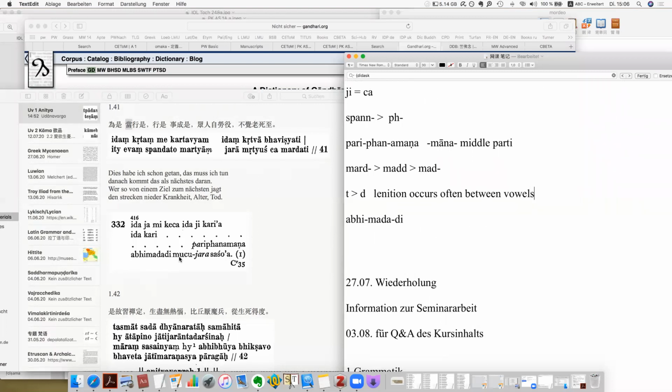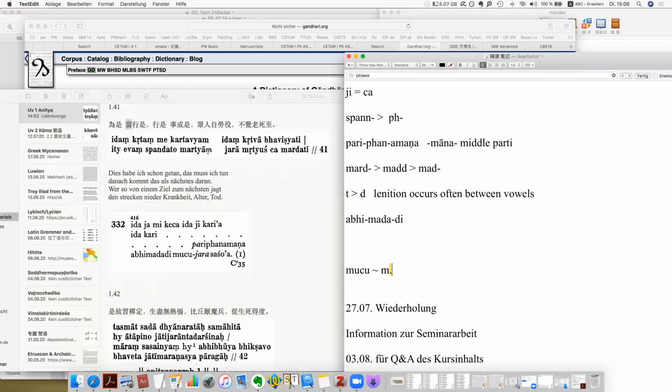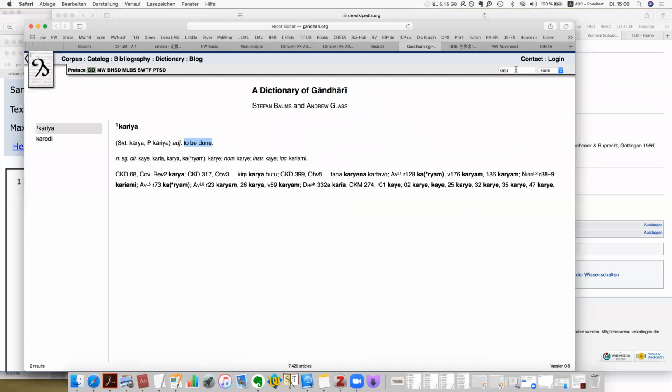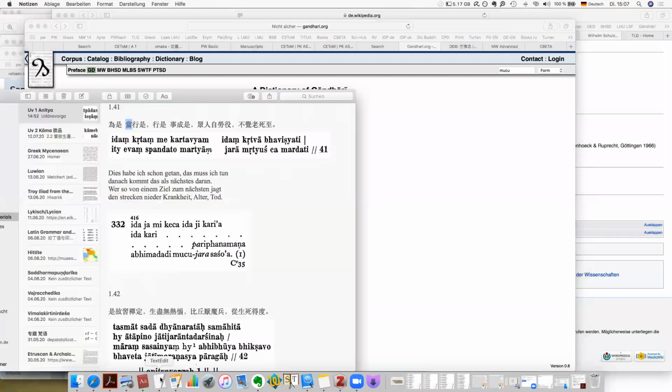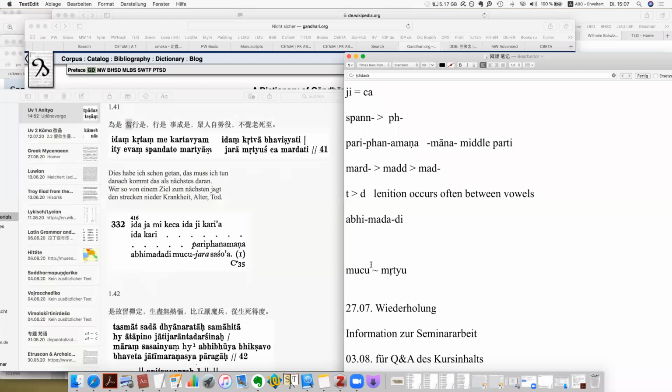And then muchu is morichu. So just like in Pali, I think it's in Pali it's also the same, right? Machu. In Pali it's machu, yeah. Okay. So actually in Pali, it's machu.